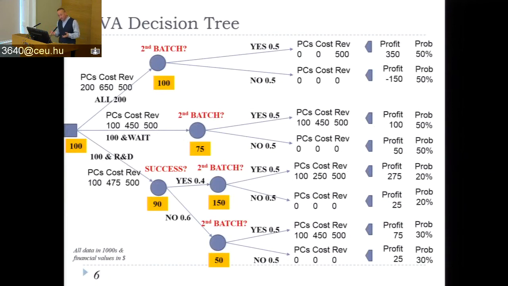Based on this, you are in a better negotiating position because you know the value that you can gain using the information. So this is the formal definition of the value of information, and with this we completed the second learning objective.